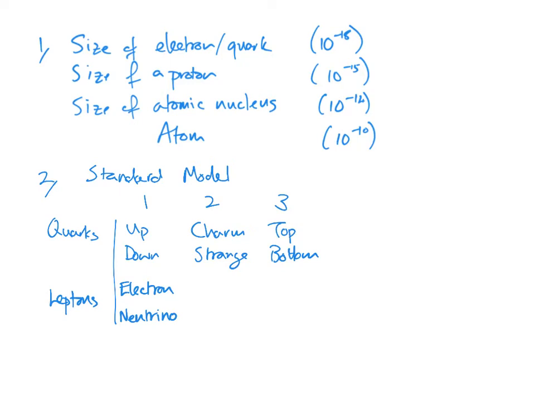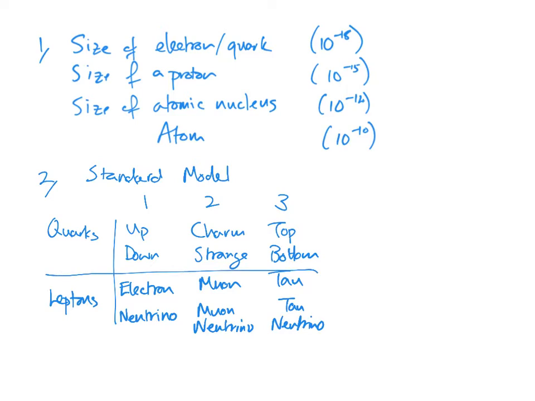And then you've got the muon and the tau particle, and each of them has a neutrino to go with it as well. So the muon neutrino, and tau neutrino. Okay, so recognizing that sort of structure.